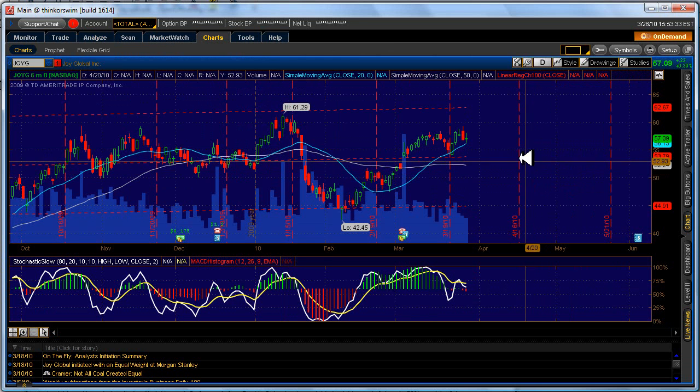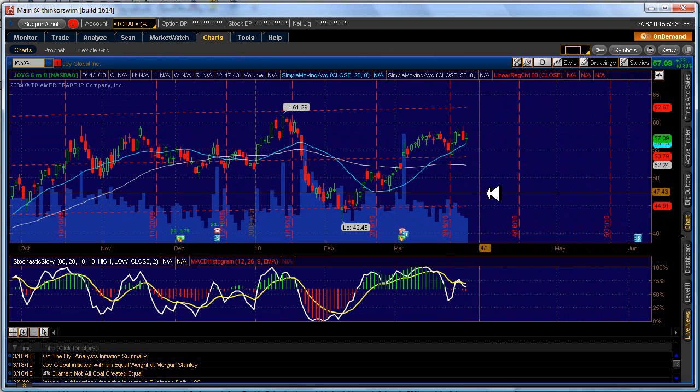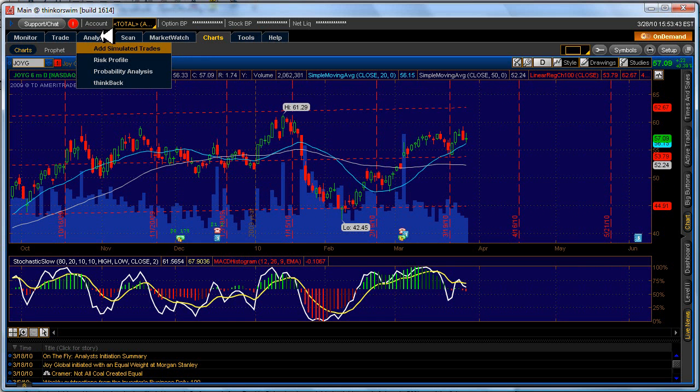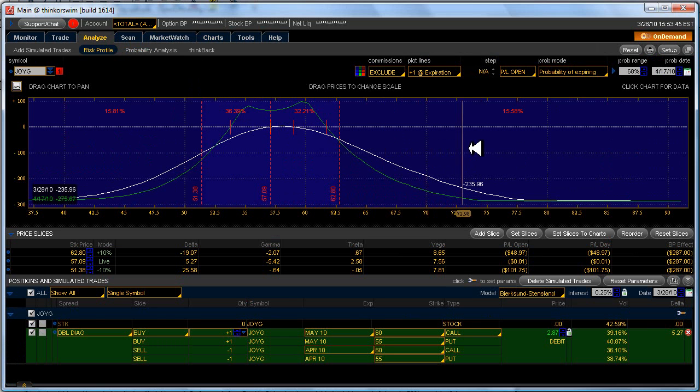I really like these. It's just not going anywhere. We don't have any earnings to worry about. This is really nice. So the probability of this actually expiring inside our profit tent is pretty good.